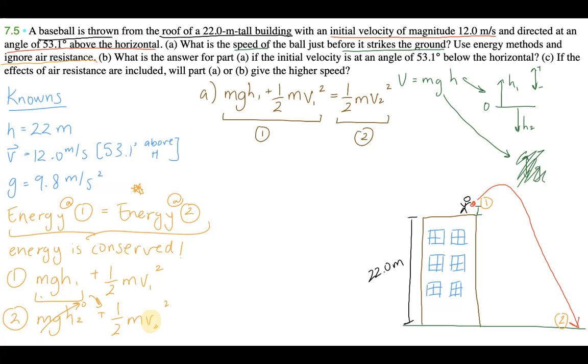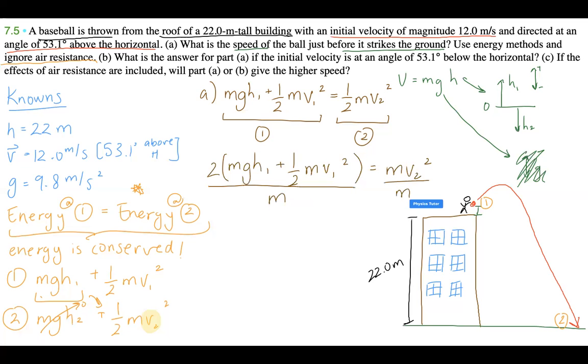Okay, next we said we're going to isolate for V2. So let's do that. mgh1 plus half of mv1 squared. Okay, we're going to multiply both sides by 2, right? So then we get rid of that half. So we're left with mv2 squared. And now we're going to divide both sides by m.